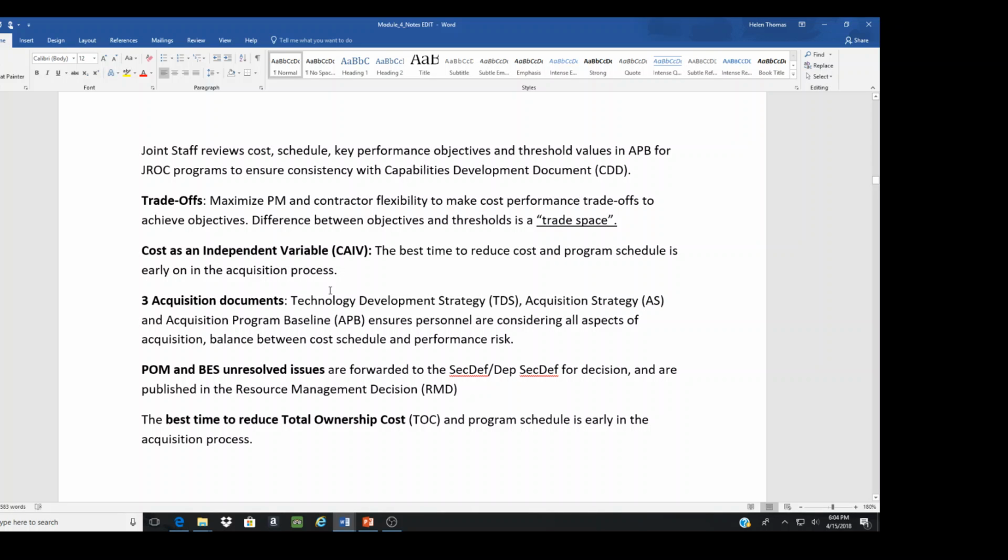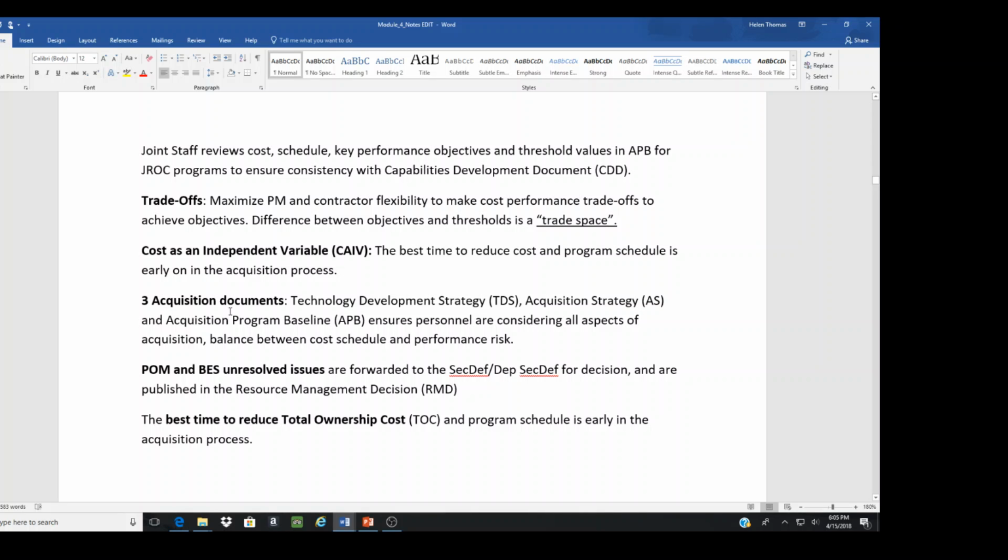It doesn't make sense to wait until you finish developing a new weapon system to determine it doesn't do what I expect it to do. If you have all these internal reviews and decision points where you reevaluate the process, then the Milestone Decision Authority will know when things need to be adjusted.